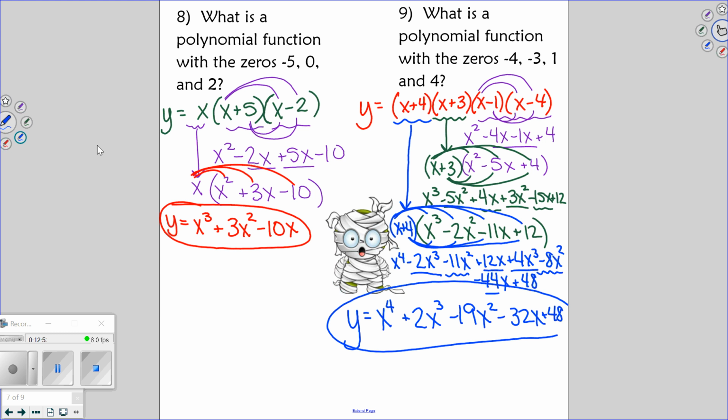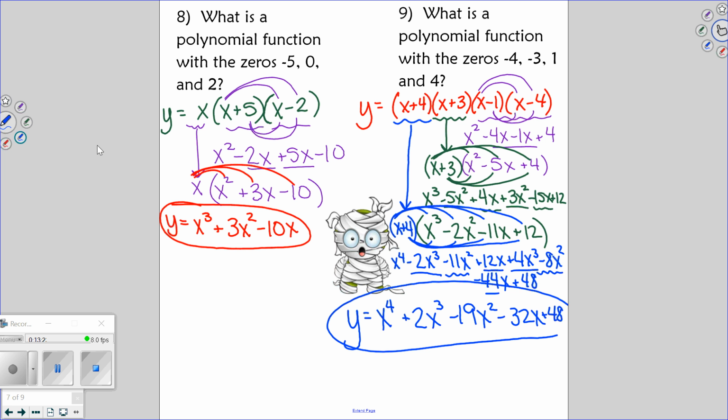Whew. So is this one that you might want to check on the calculator? Yeah, let's go ahead and check it. Make sure we did that right. So grab your graphing calculator. And we would hit y equals. Let's type this in. So x to the fourth plus 2x cubed minus 19x squared minus 32x plus 48.